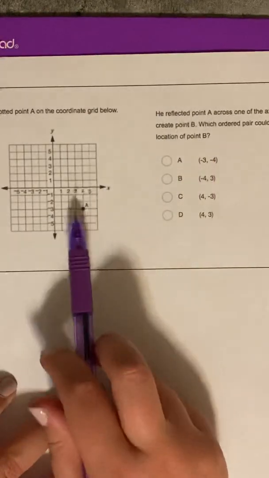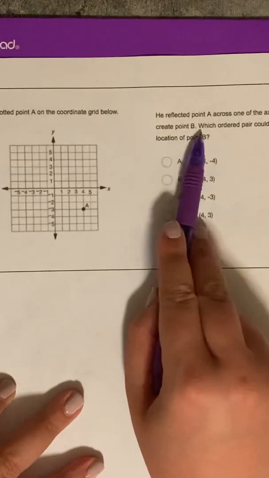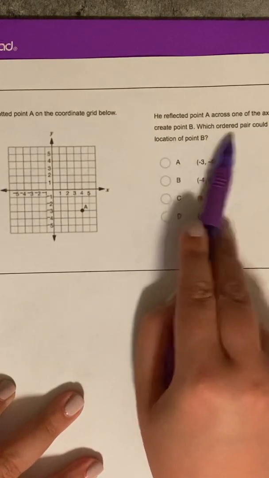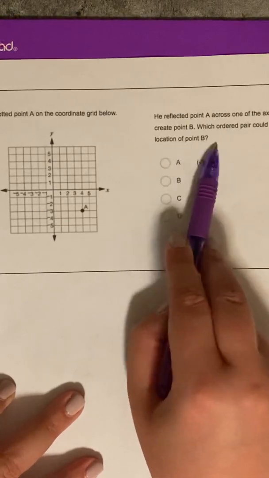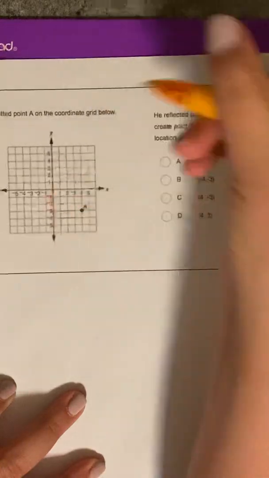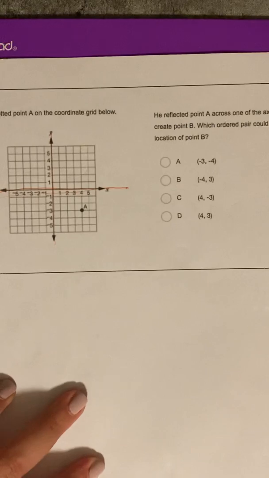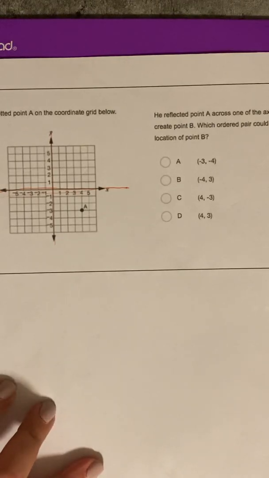He reflected this point A across one of the axes to create point B. Which ordered pair could be the location of point B? So what he did was put it over one of these axes. We don't know which one yet. So let's figure out the possible points where it could be reflected.